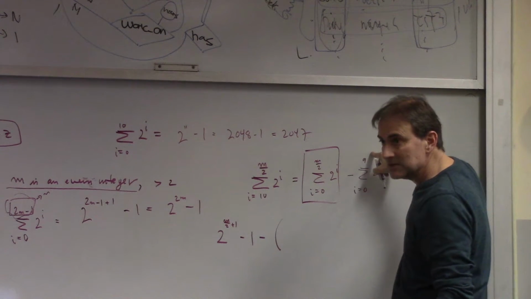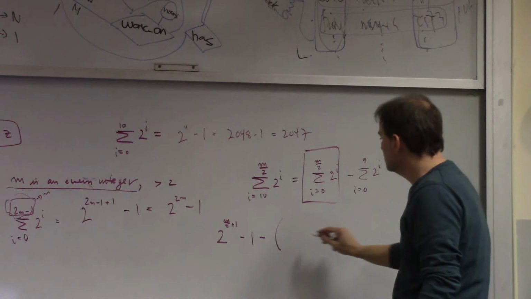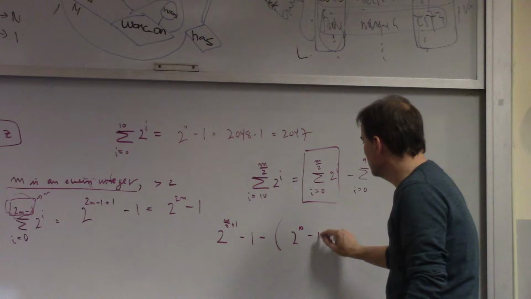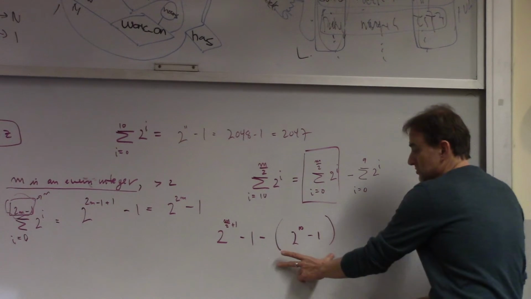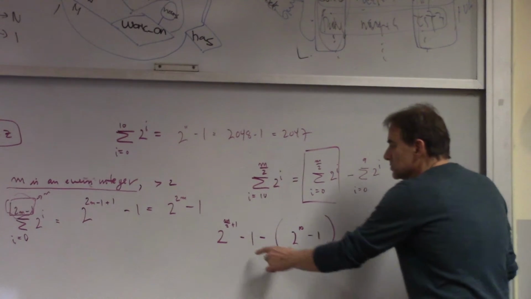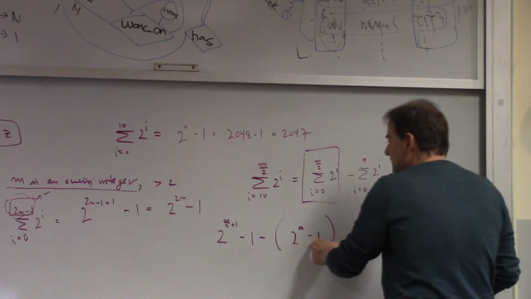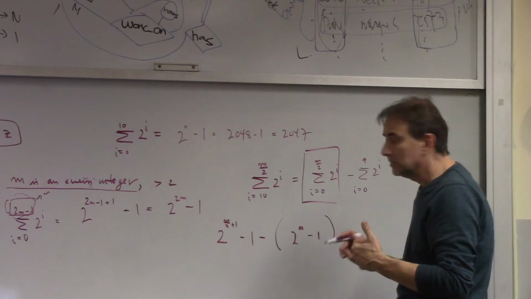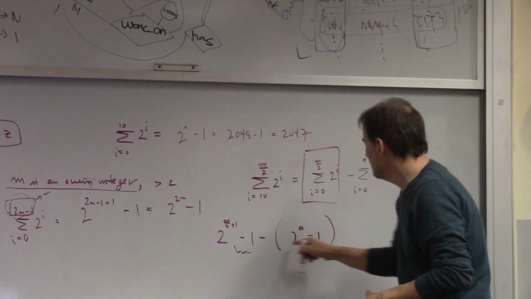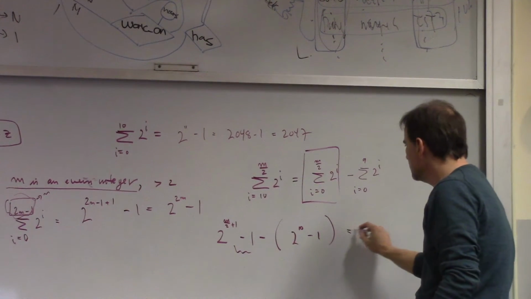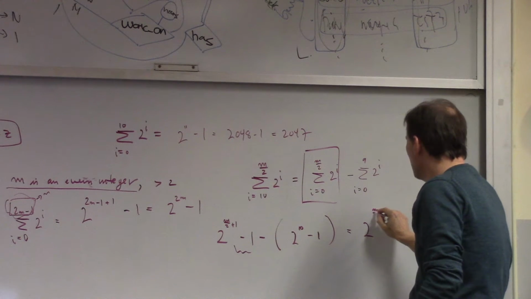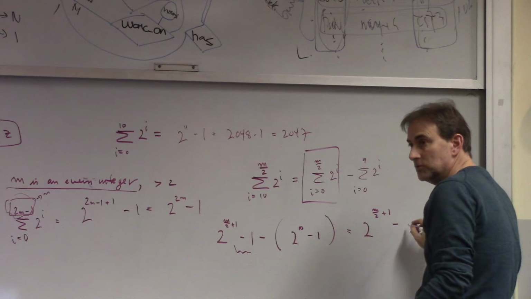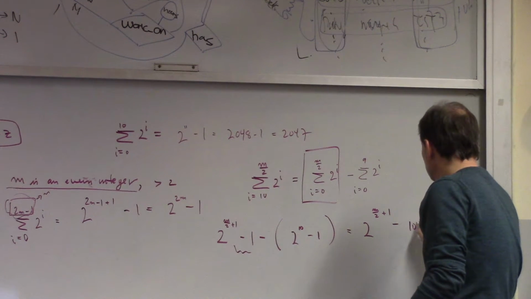So now 9 is the value for this n, and this is going to be 2 to the 10th minus 1. Notice the parentheses are necessary, because there are two terms here. So we have negative 1 minus a negative 1. Those two go to 0. So this is going to equal 2 to the m over 2 plus 1 minus 2 to the 10th, which happens to be 1024.